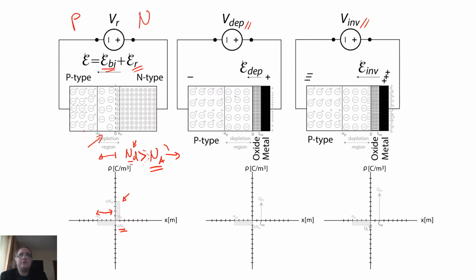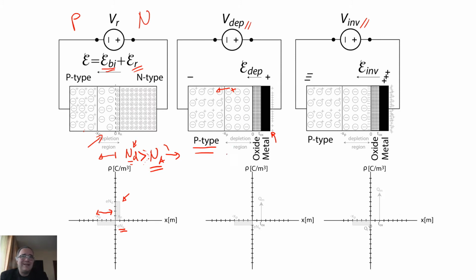So what is the difference in the MOS structure? We have on the right a metal plate, then oxide, and then this is the p-type semiconductor. We apply an external field. This field exerts a drift force on the holes, so they move along the field and they leave behind the negatively charged dopant ions.